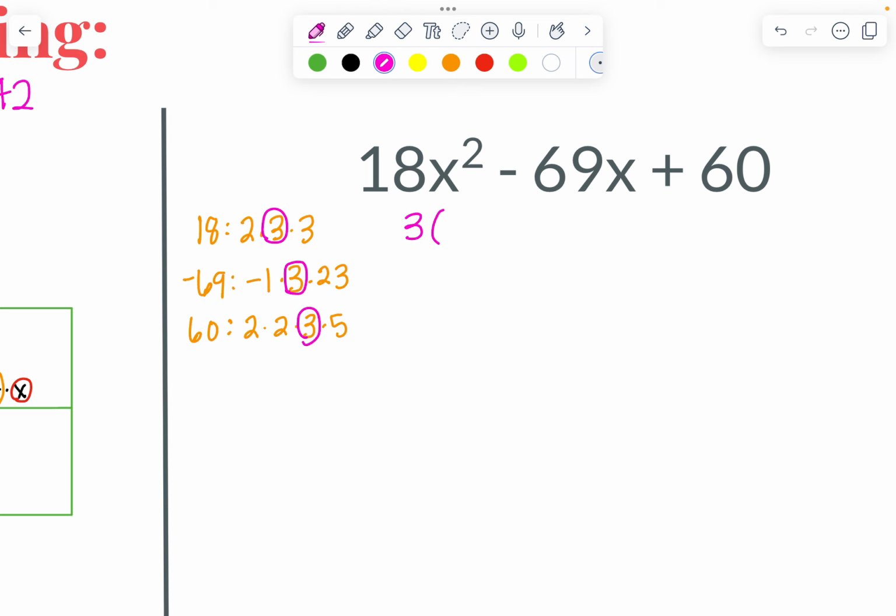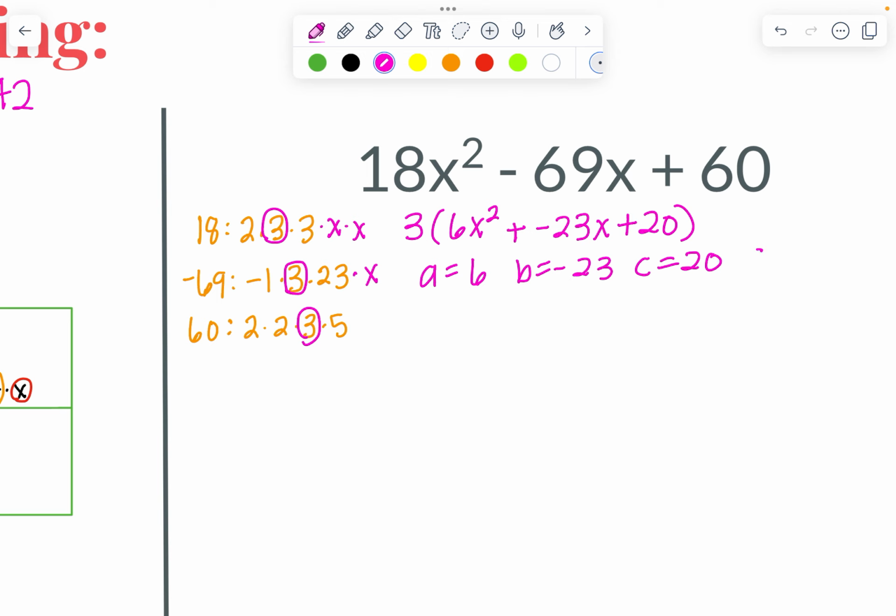So then I have 3. I should say this is the same as x times x, and this is the same as x. And I'm left with 6x squared plus negative 23x plus 20. So now I know my a is 6, my b is negative 23, and my c is 20.